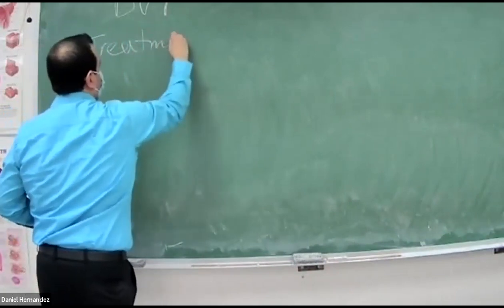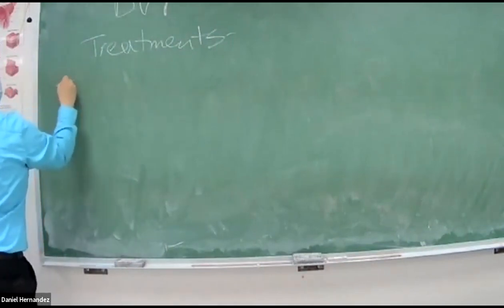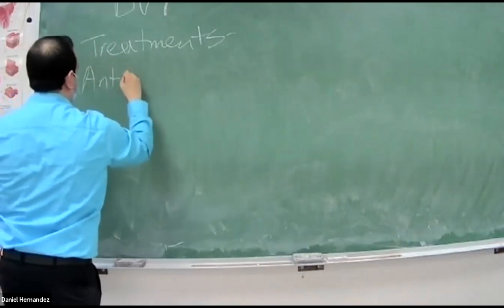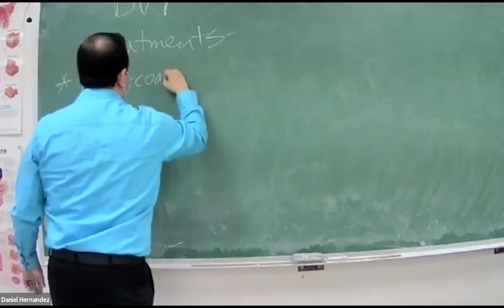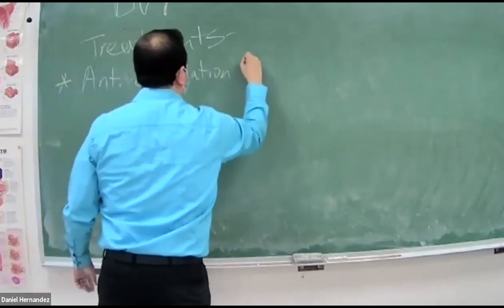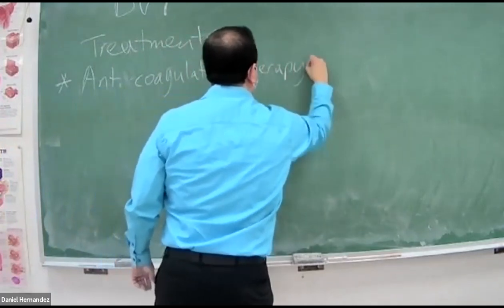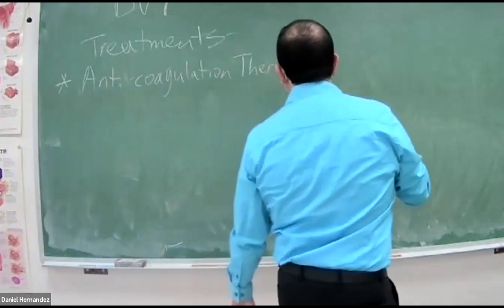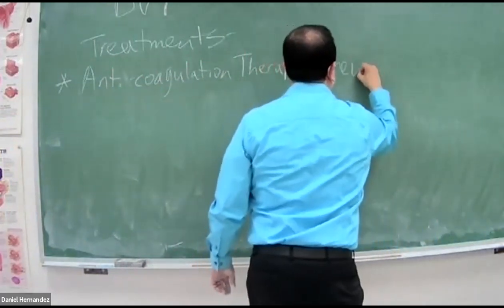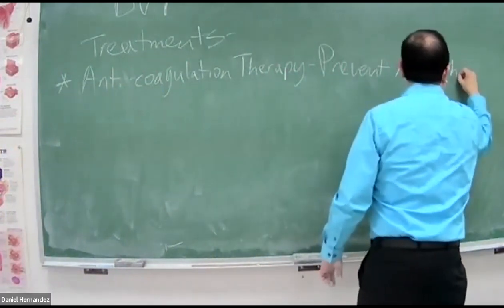Treatments. The first one is anticoagulation therapy. With anticoagulation therapy, this prevents new thrombus from forming.